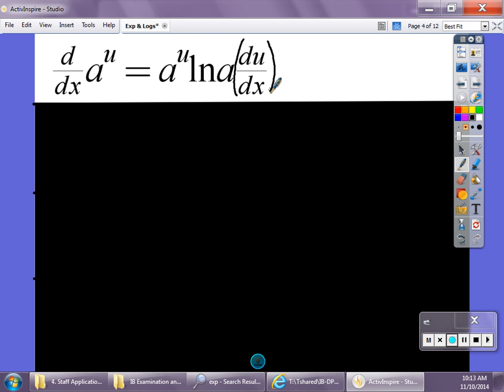So if this is just an x, the derivative of the inside, the chain rule piece, is just going to be 1. But what if it was, what's the derivative of 4 to the 2x? It would be 4 to the 2x, natural log of 4, times the derivative of 2x, which is 2. So that's the first derivative.